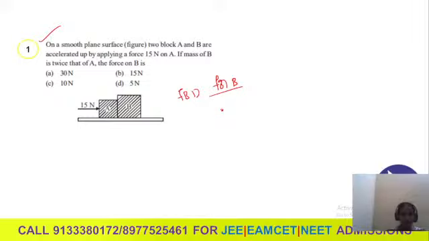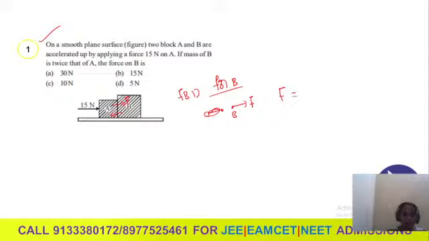The only force that will act on B is the contact force due to A on B, and for action, reaction due to B on A will be like this. So the only force, let us say, due to A on B is F on B. So resultant force is F, which will be equal to mass into acceleration.